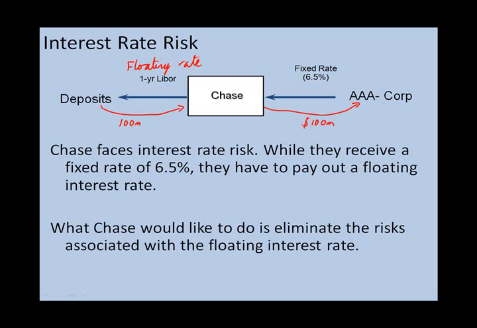What happens if the floating rate goes above the fixed rate? That would mean they're receiving 6.5% while paying out, for example, 7.1% to their depositors. Chase doesn't want this situation to occur where they start losing money. What they want to do is eliminate all the risks associated with the floating rate.